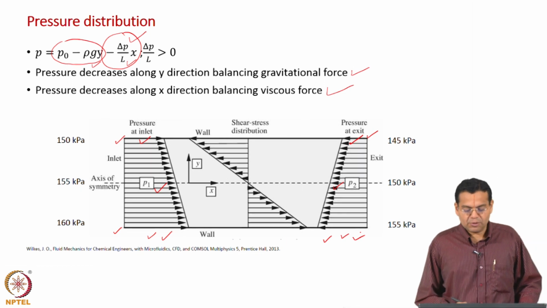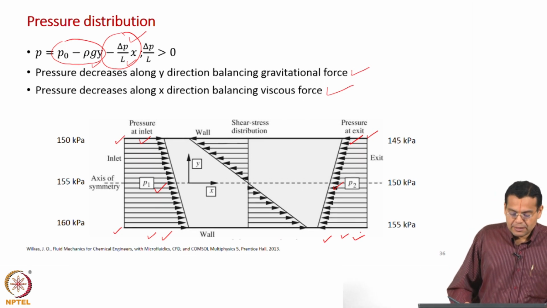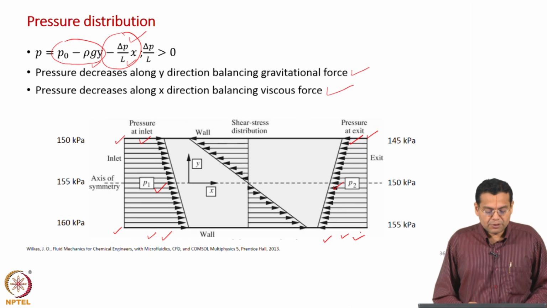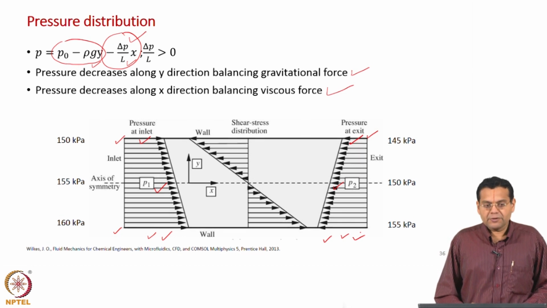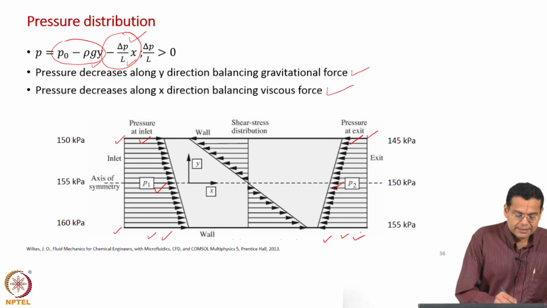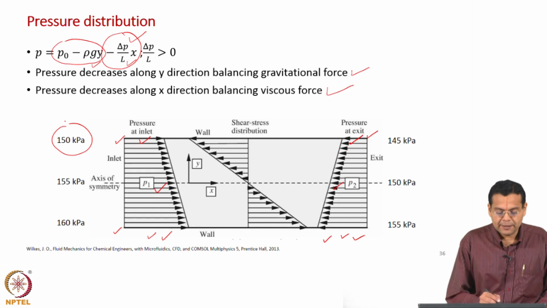Just to get a little more understanding, I have taken some numerical values. Now, as I told you, the moment you talk about pressure for incompressible flow, it is relative. So, somewhere we should fix a pressure, okay. We always talk in terms of difference in pressure, okay. So, let us take this pressure as 150 kilopascal. What does it mean?